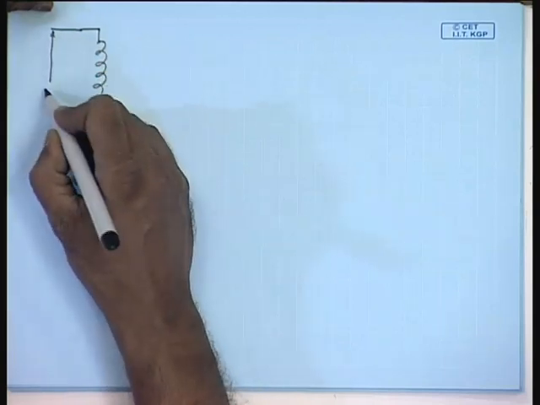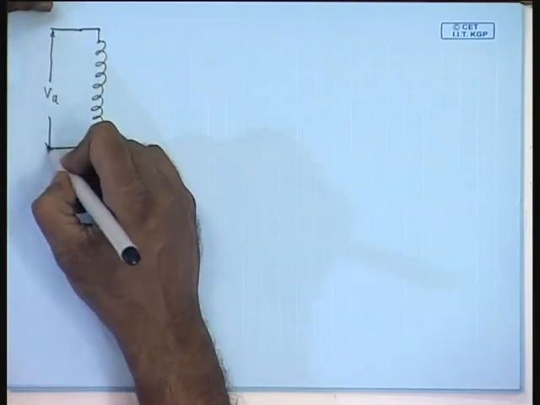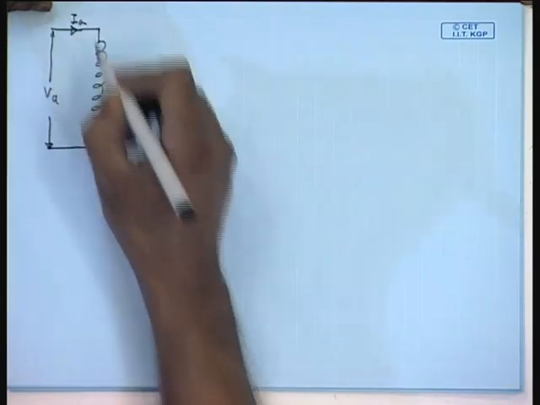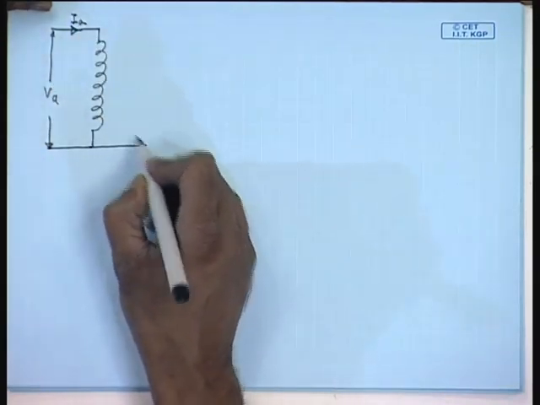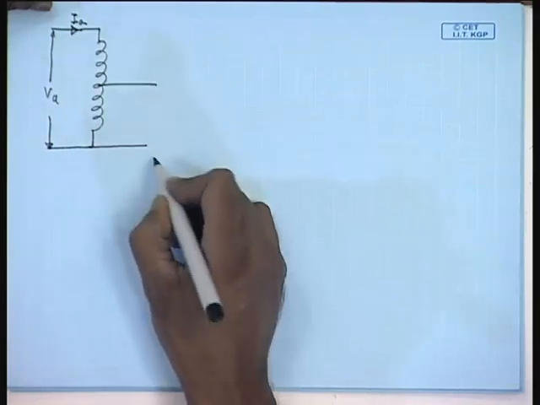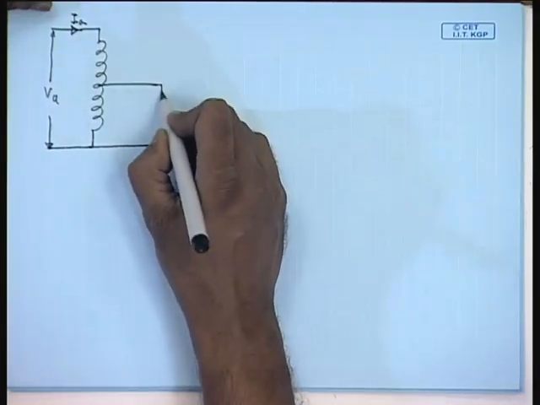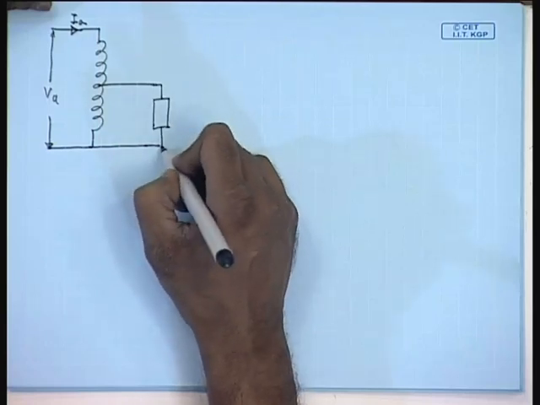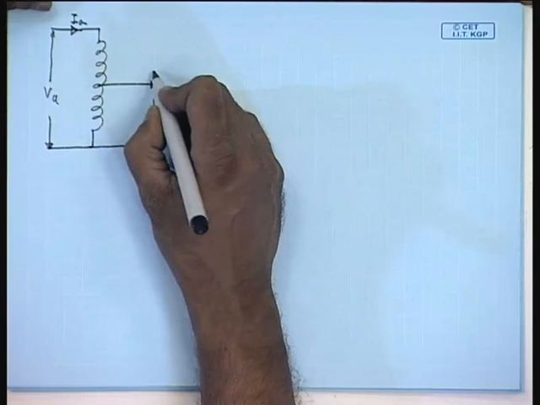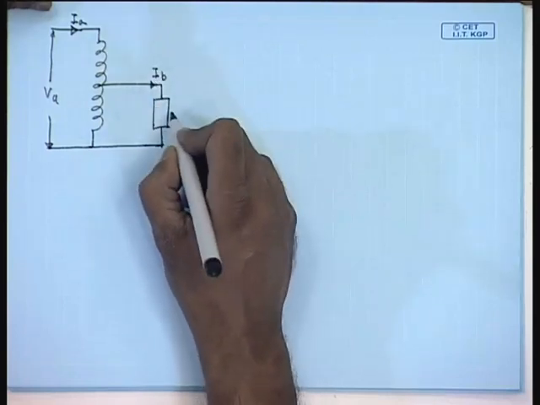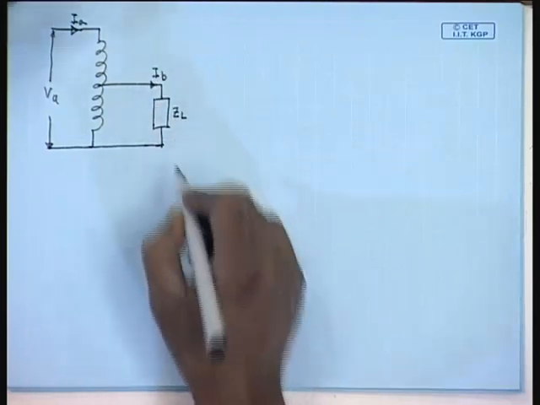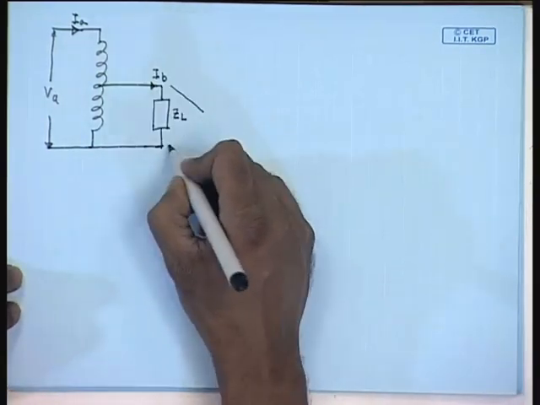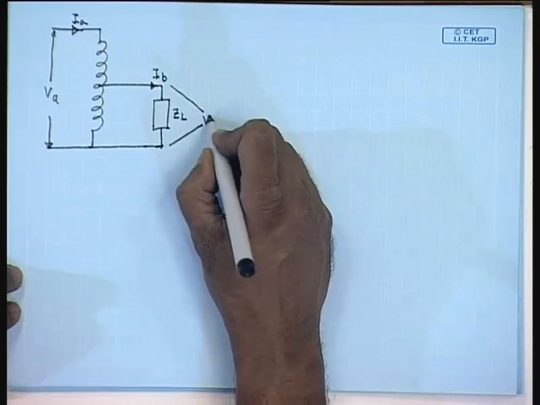This is the voltage V_A, the current I_A, and let us say we are drawing a load current I_B to a load impedance Z_L, which we will assume to be inductive, and this is the voltage V_L.